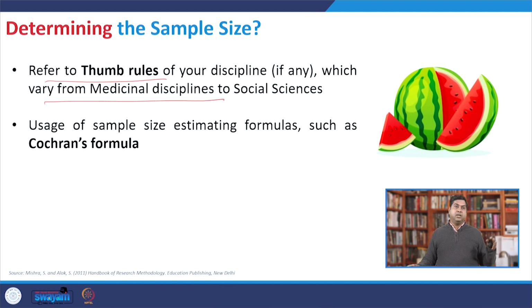Suppose you ask 10 female respondents in the age group of 19 to 25, and their perception towards a certain attribute is almost the same. Then you can predict that another female respondent aged 19 to 25 will also make a similar kind of judgment. So that's why we need to do it that way.